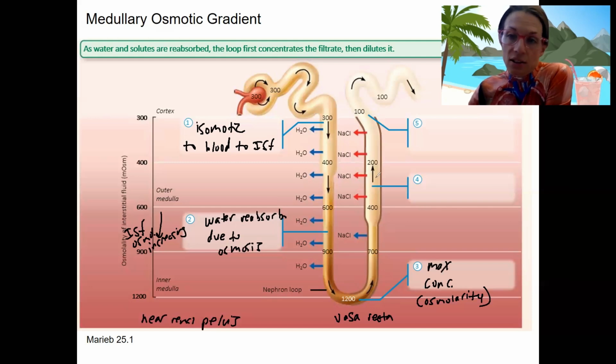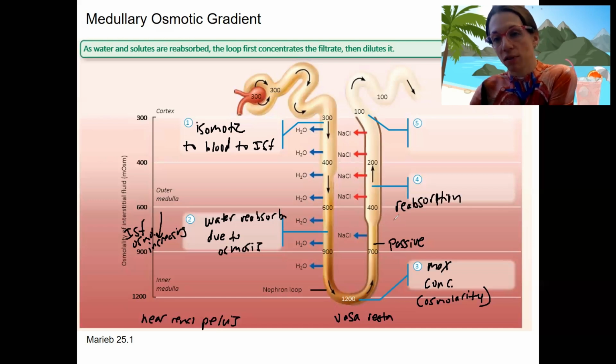As we ascend up the ascending loop, we're going to have the reabsorption of salts, and that's going to occur both through passive transport, some here, down the electrochemical gradient of those solutes as we go up and we have decreasing medullary osmotic concentration.